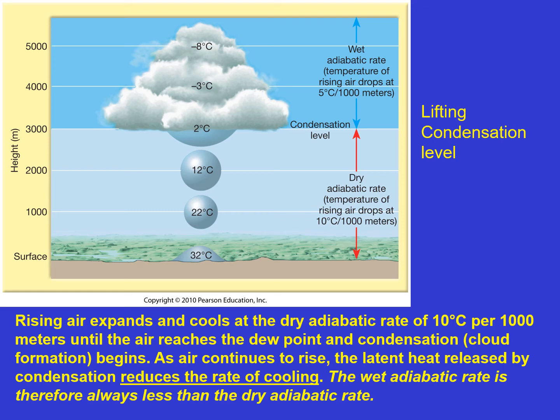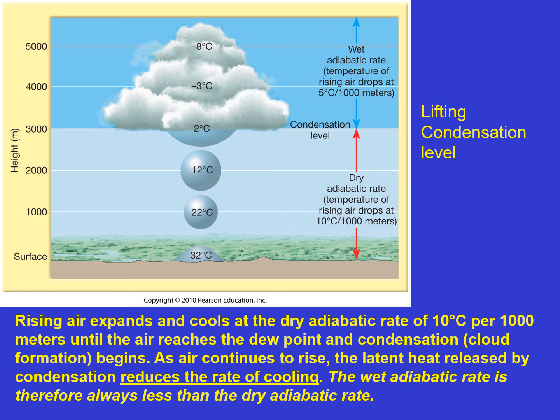Okay, so notice on the drawing you see something called the lifting condensation level. That's the altitude in the troposphere at that time and place where the air has cooled enough for condensation to be occurring. Now, can you get the air to continue to rise? Well, sure.